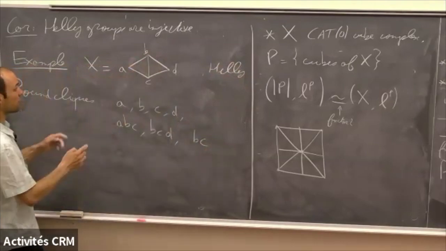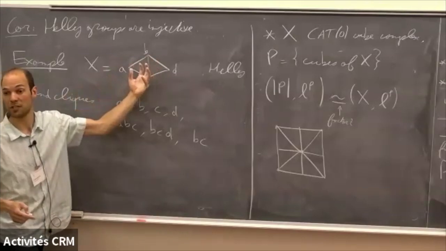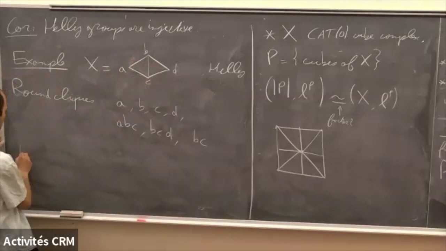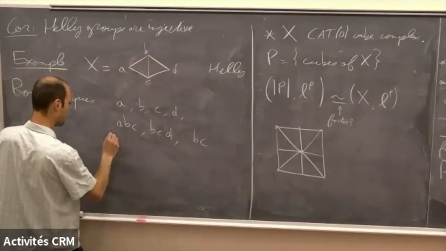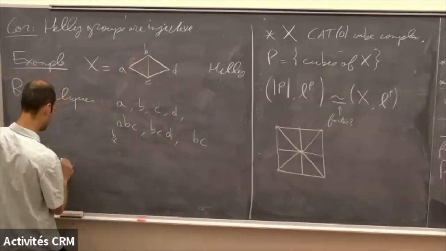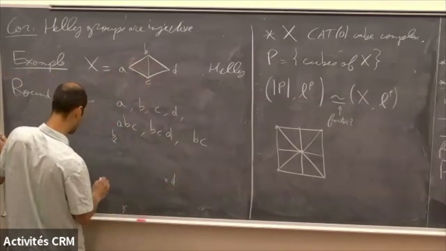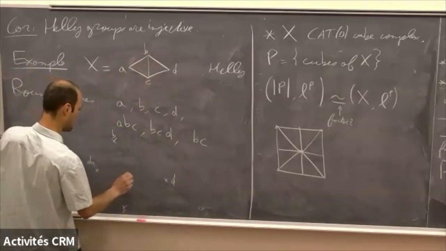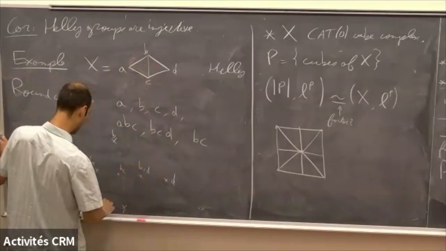And so you may wonder, what's the best way to fill in this metric space? What's the best way to fill in this graph? Well, the injective hull gives you a way to look at this. So you will have here the vertices A, B, D. Here you will have the vertex ABC, here BCD, and here BC.